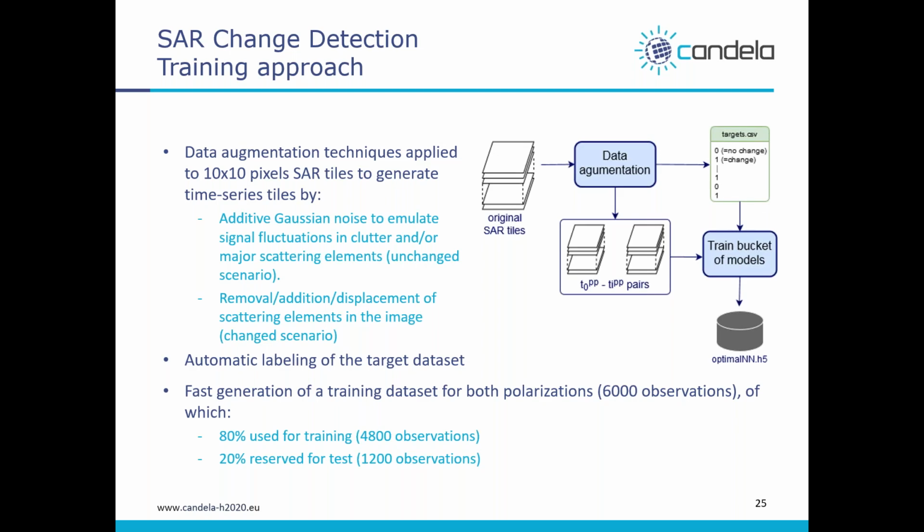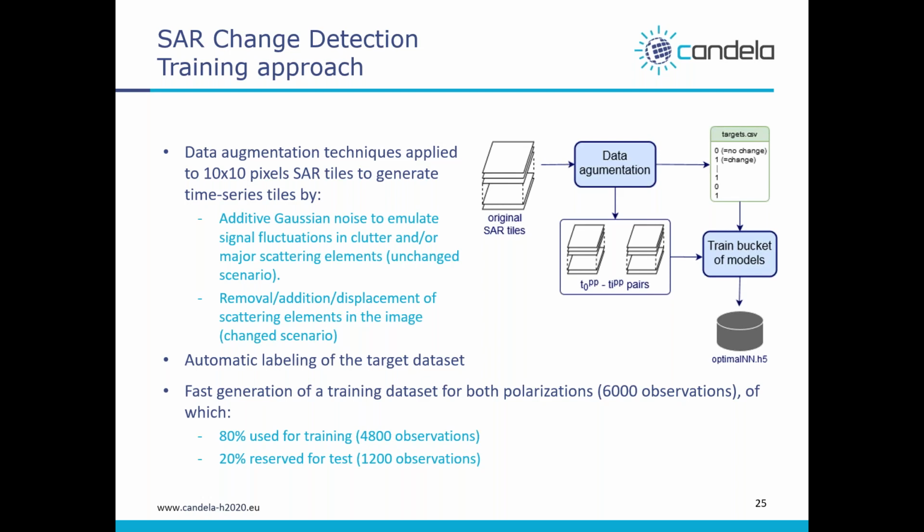This allows us to automatically label each generated pair and then train a bucket of models using a set of hyperparameters to build and train all the possible combinations of networks, and then select the most accurate one based on the results on the test set, which is made of 20% of the total generated pairs.